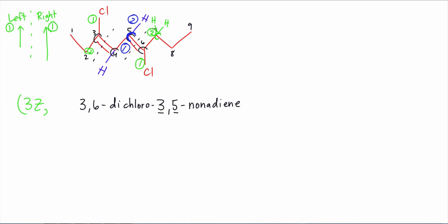So for 5 and 6, I have both priority 1s going down. So they are projected in the same side of the double bond, so that's going to be Z again.